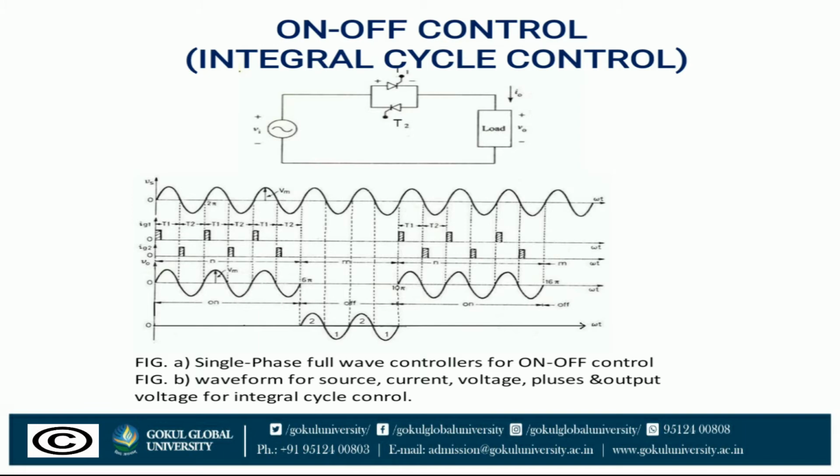We have made the circuit on for n cycles, and then for 2 cycles, let us make the whole circuit off, and the reason we can assume M. Then again for 3 cycles we are making it on.